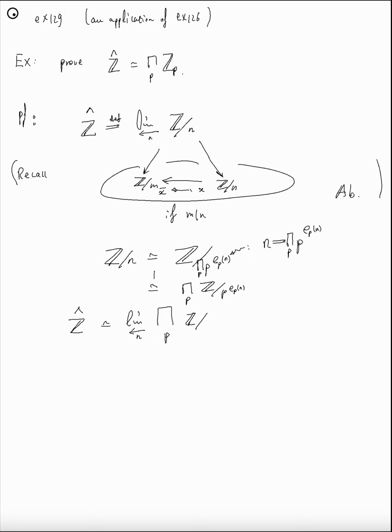Now what is left is to use exercise 127, or 126, to exchange the order of limit and product.